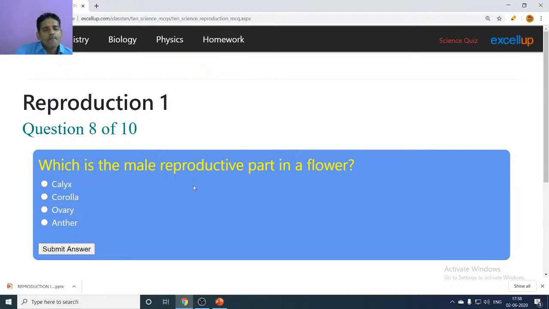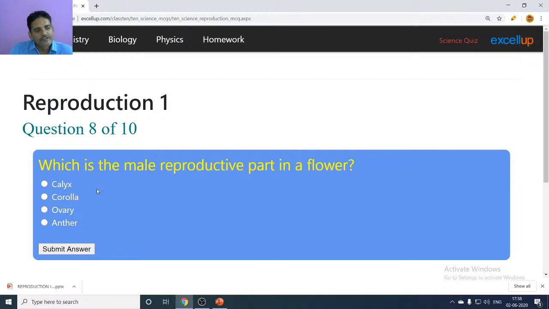Which is the male reproductive part in a flower? Previously we have seen a flower. So you have to observe the flowers so that you will know the arrangement of the parts. Male reproductive part in a flower. Here, calyx, corolla, ovary, anther.